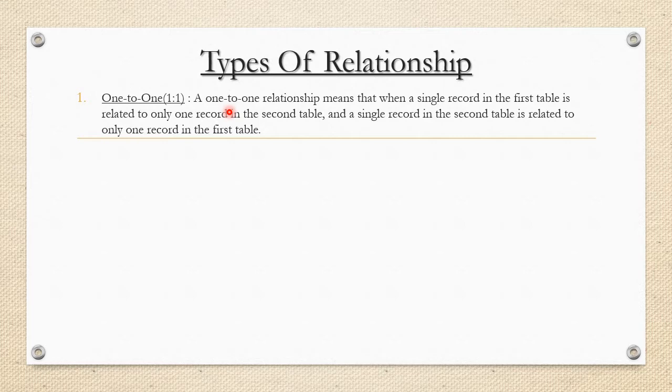Then in the marksheet table also you have to enter roll numbers from 1 to 120, right? Or are you going to enter records in the marksheet table from 1 to 100 only? No, because in your class if there are students from 1 to 120, then you have to enter the marksheet of all the students. So we are going to enter marks for roll numbers 1 to 120.